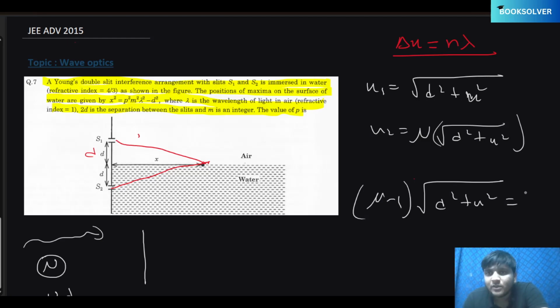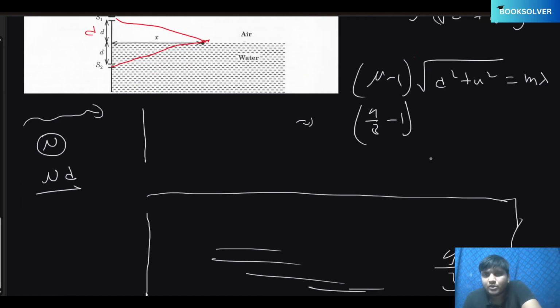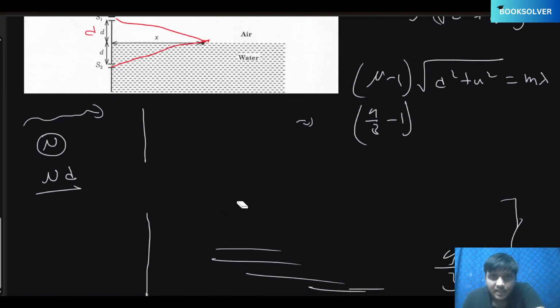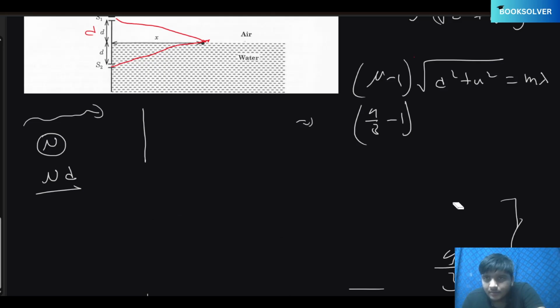Now this should be a multiple of n lambda. Basically they have given m in place of n here, so we'll write m lambda. Mu is nothing but 4 by 3 here, minus 1. And let's square both sides. So let me erase this diagram here. What we will get is 1 by 3 into root under d square plus x square equal to m lambda.